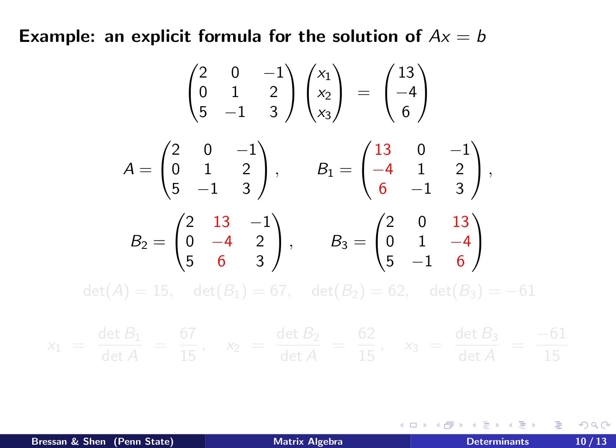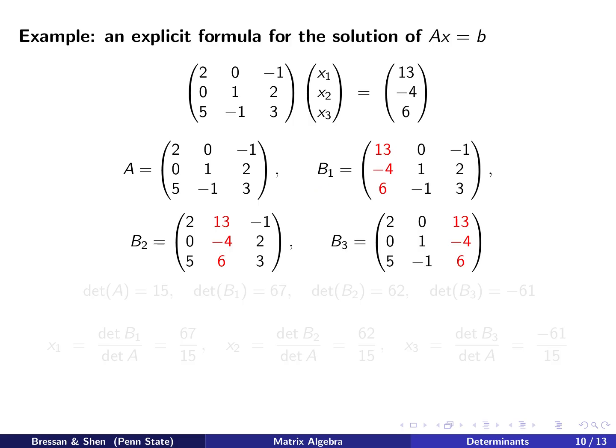Okay, let's take an example that uses this explicit formula of Cramer's rule to solve the system Ax equals B. So we have Ax equals B, and this is A, and this is B, and I have three unknowns. For Cramer's rule we need to form these three matrices, B1, B2, and B3.